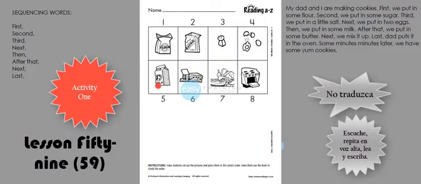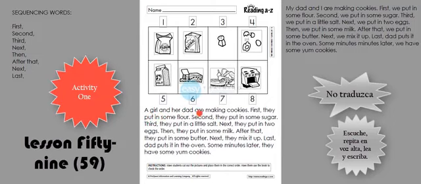Then they put in some milk. After that, they put in some butter. Next, they mix it up. Last, Dad puts it in the oven. And some minutes later, they have some yummy cookies.